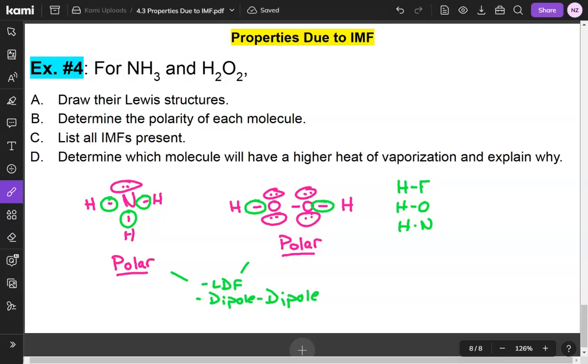But our NH3 has more hydrogen bonding sites. It has more hydrogen-nitrogen bonds than the other one has hydrogen-oxygen bonds. So therefore, NH3 has higher intermolecular forces and will therefore have a higher heat of vaporization. And those are properties due to intermolecular forces.